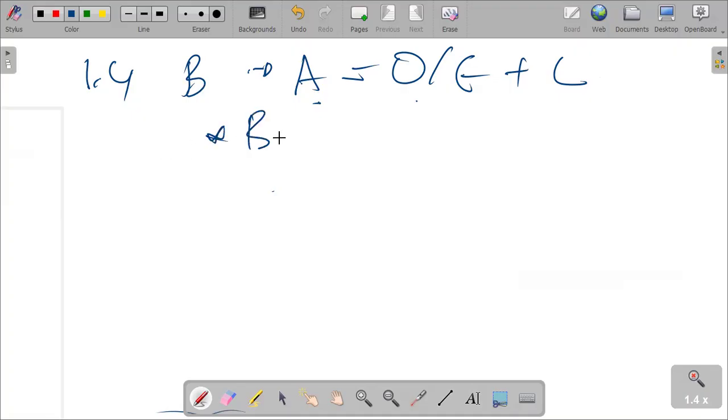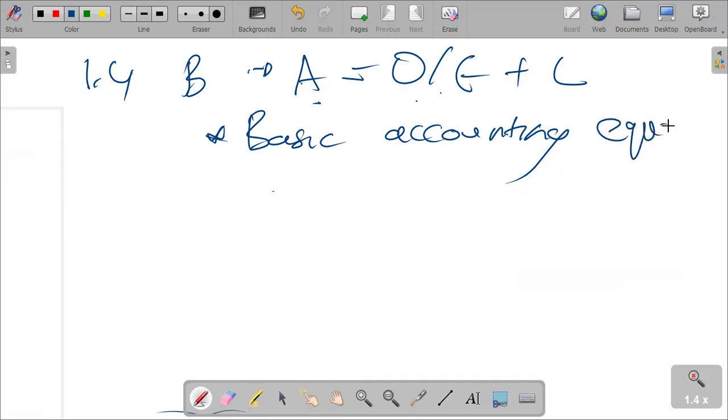It's a basic accounting equation that shows the relationship between your assets, your owner's equity, and your liabilities.